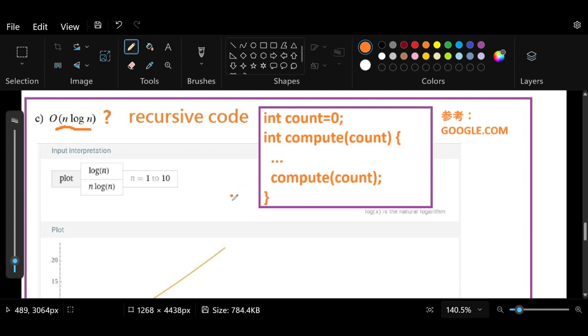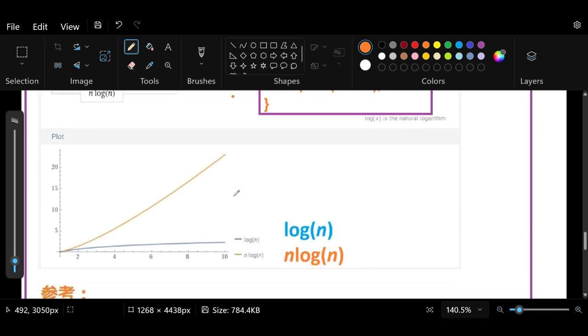Now, if we look at the graph here, we want to compare log n and n log n, and we want to know which algorithm would be much faster to execute or much slower.